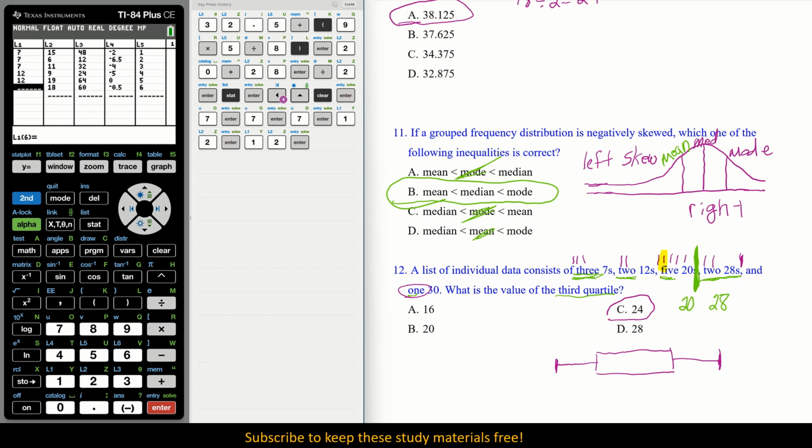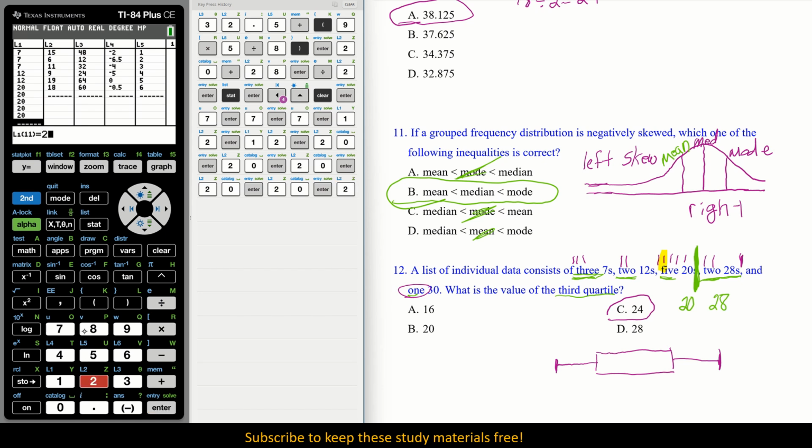Okay. 5 20s. There's 1, 2, 3, 4, and I need one more, and that's 5. Okay. Now we have 2 28s. There's 1, 2, and we have a 30 tagging along. Okay, double check. Yes, okay, that looks good.